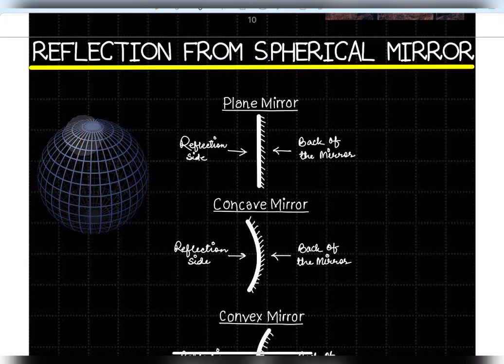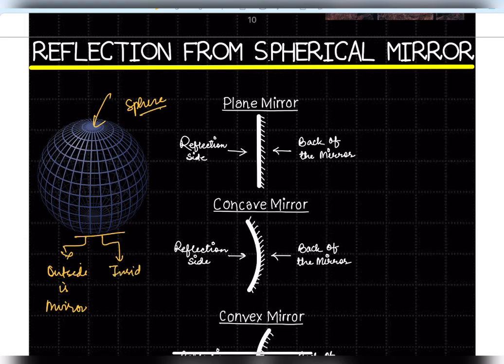Take a sphere, and there are two conditions that can happen. One is that the outside part is mirror, or the inside part is mirror. Are you getting my point?